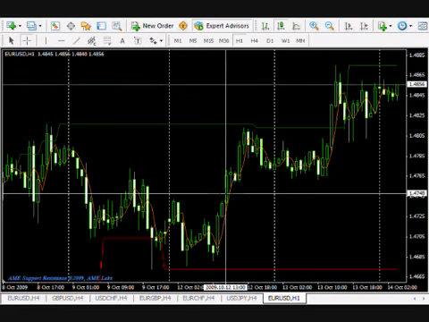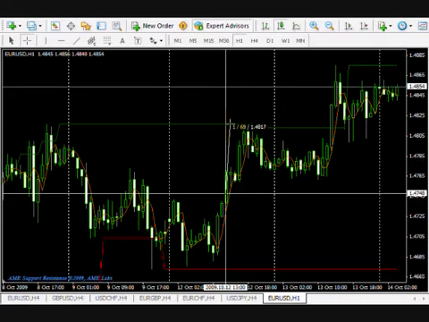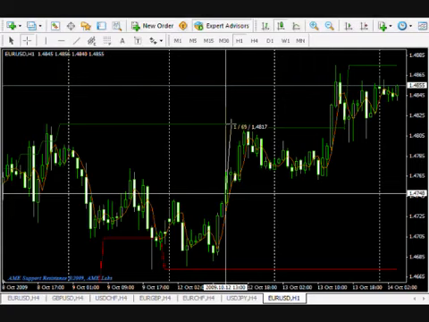But before it places a trade, it checks to see if the nearest resistance is at least a certain number of pips away. Let's use 50 for this example. So this resistance level is at least 50 pips away. It's 69 pips away from where we figured the entry point was.